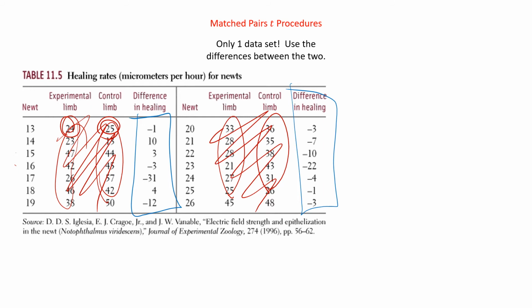And so we have these. We could do our T procedures on these. You could do them by hand. You could also do them in your calculator. You would enter these in, just in the difference column. And then we could do a confidence interval.